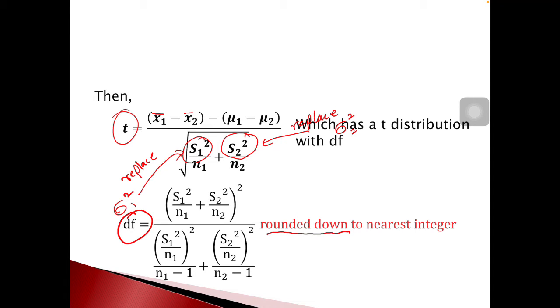For example, if the degree of freedom equals 84.8, we have to round this down, which means we consider it as 84.